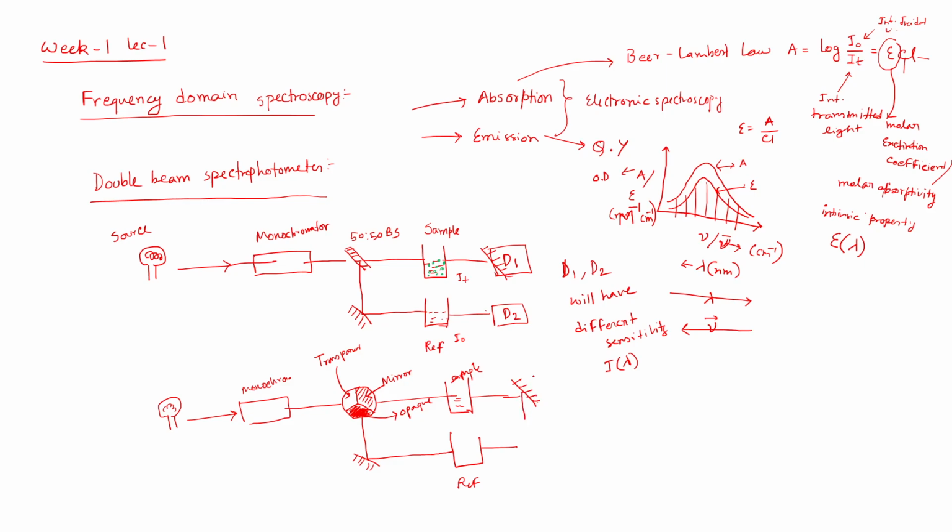Here is another mirror, and another wheel before the detector. Here your detector will be there. Mostly it is a PMT detector, the photomultiplier tube. Another wheel is there, the same thing: one transparent, one mirror, and one opaque.